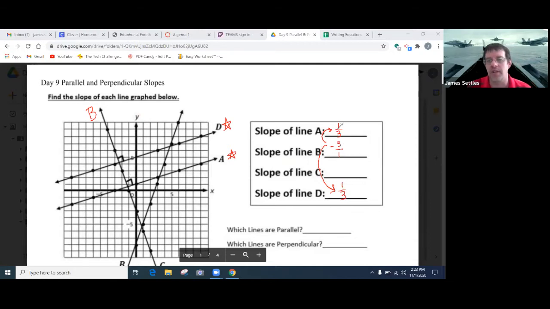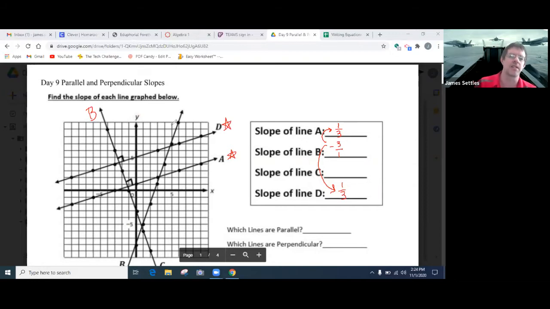So notice that first off, these were positive and the perpendicular one was negative. And then this said 1 over 3, and this said 3 over 1. And so this is something that we call opposite reciprocal. Opposite meaning you got to change the sign, and reciprocal means to flip the fraction. And you're going to get to see this quite a bit today: anytime that it's perpendicular, it'll always be the opposite reciprocal of whatever the other line was, okay?